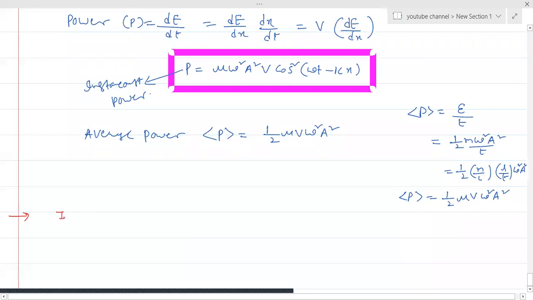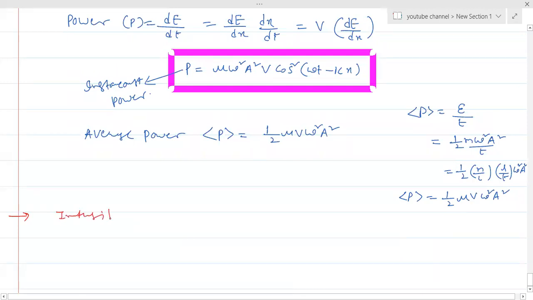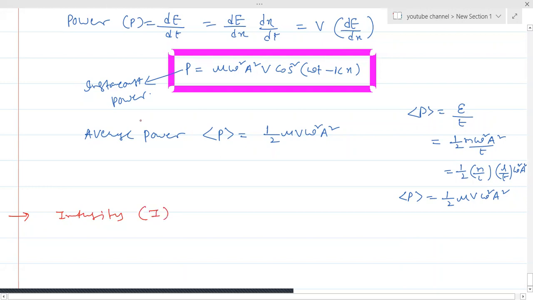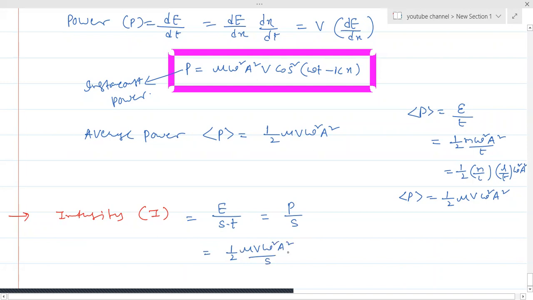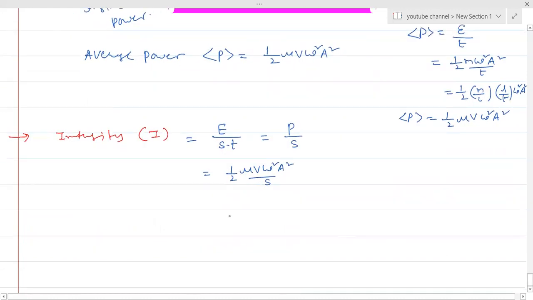Next, intensity. Intensity I is nothing but energy by surface area into time. Energy by time means power, so power by surface area. Therefore half mu into v into omega square a square by S, where S means the area of observation.